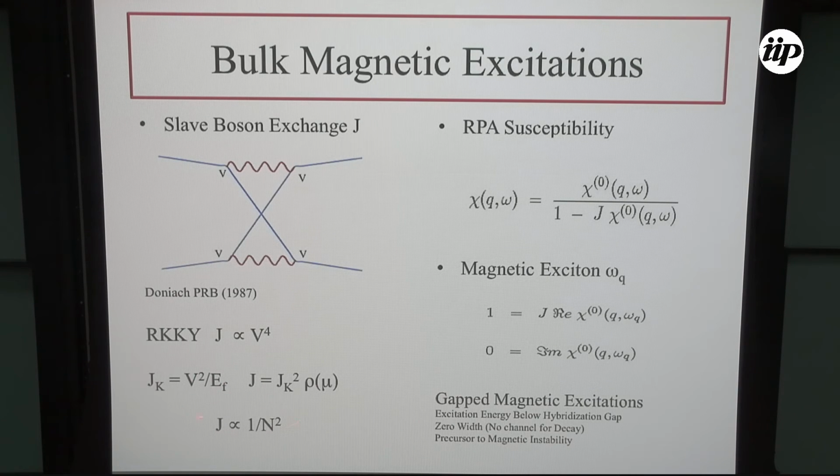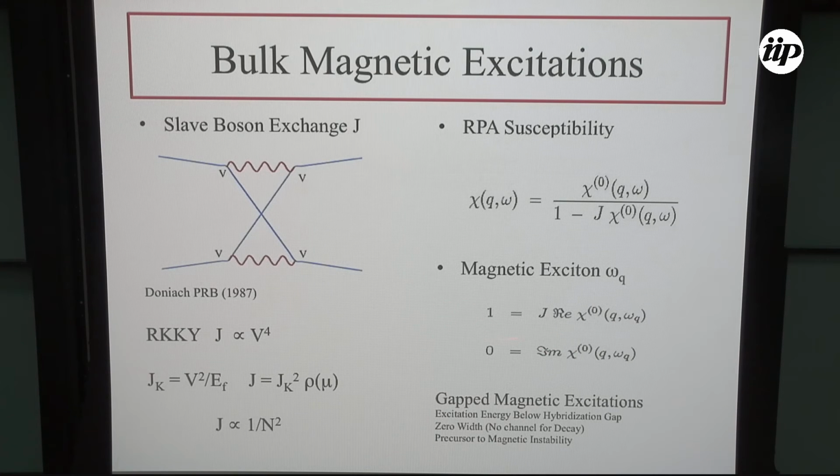So what Doniach showed was that there's an effective RKKY interaction, perhaps not with oscillations. But if you take that interaction into account, you can then calculate a susceptibility in the RPA approximation. So there's a non-interacting susceptibility, and it's enhanced by a Stoner-like enhancement factor, which is, of course, Q-dependent. What the magnetic exciton is essentially saying is that since we have a semiconductor, inside the semiconducting gap the imaginary part of this Stoner susceptibility should be 0.